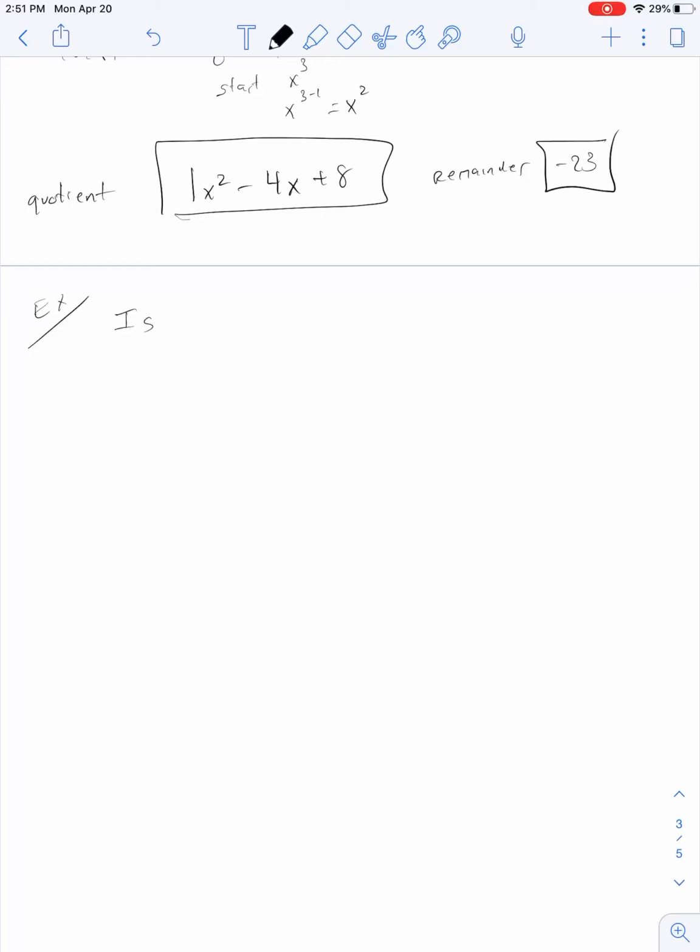So this question asks us, is 3i a 0 of G of x equals x to the third minus 4x squared plus 9x minus 36. So 3i comes out here. This has a 1, right? So we have 1, negative 4, 9, and negative 36.